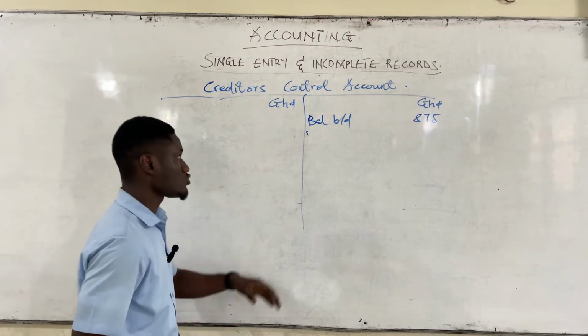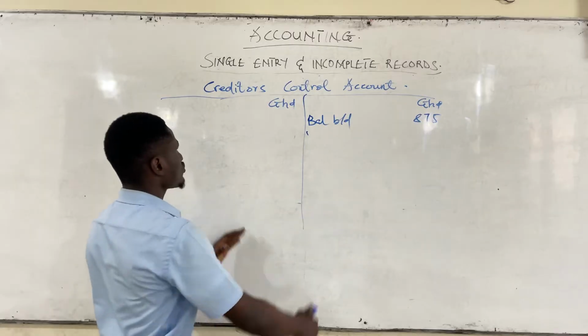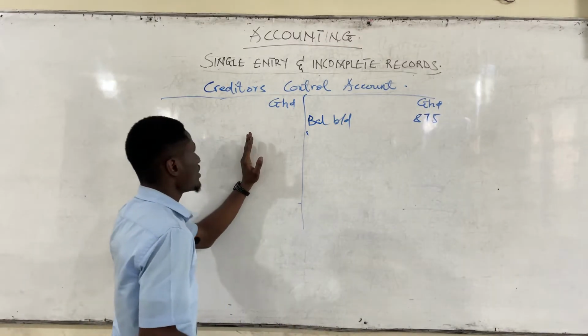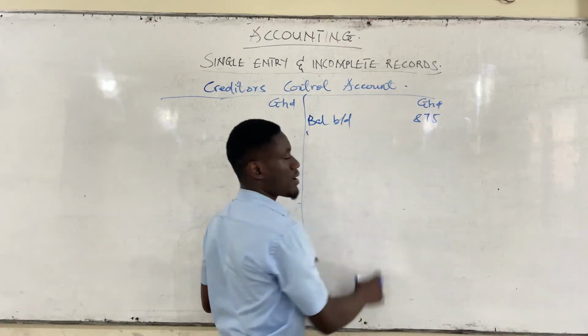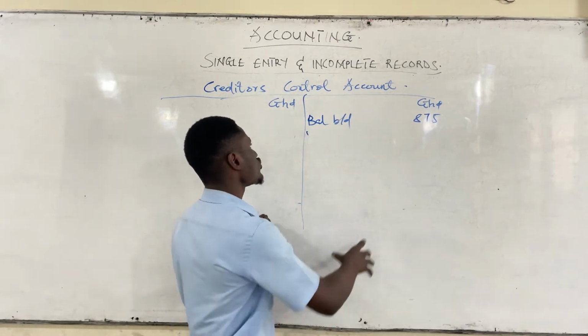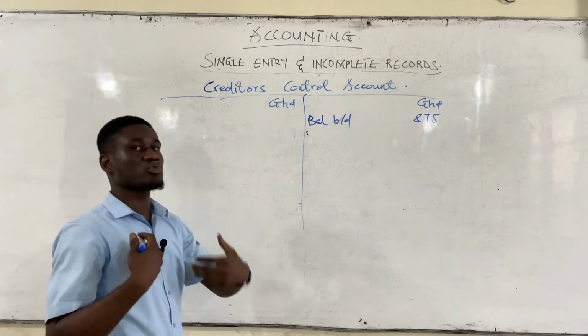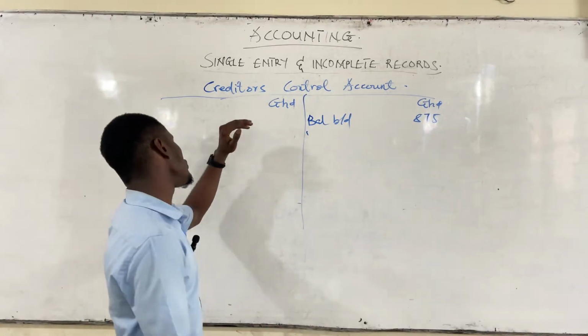Cash paid to suppliers. So in this creditors control account, as I already said in the last video, any item that will increase the amount we owe them is going to be recorded here. So any item that is going to reduce the amount we, the business, owe our suppliers is going to be recorded here.